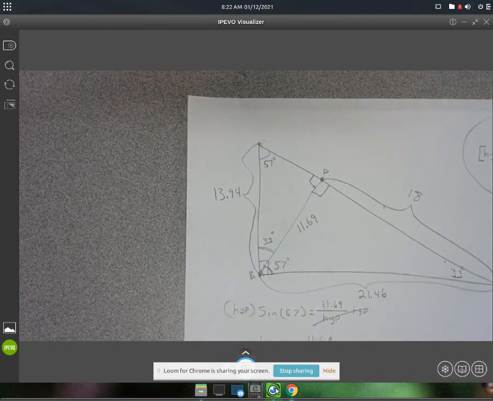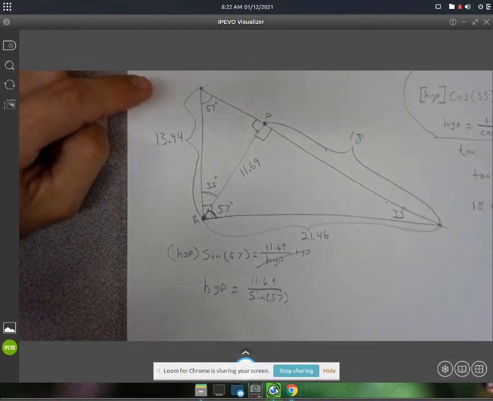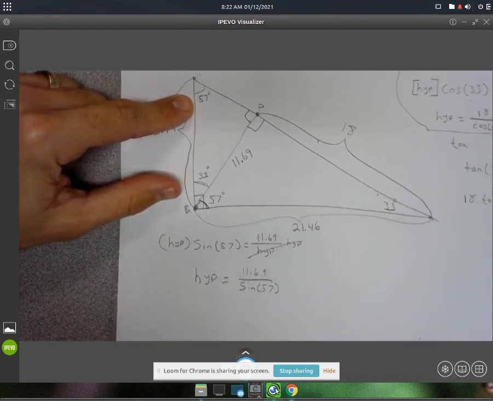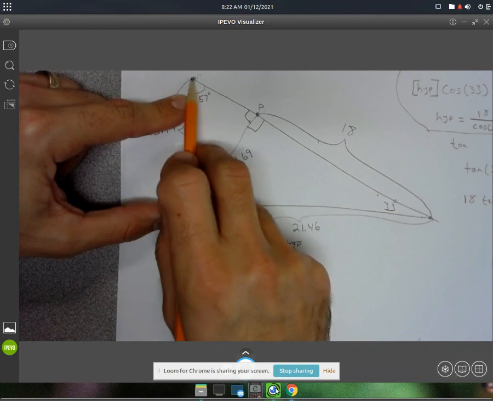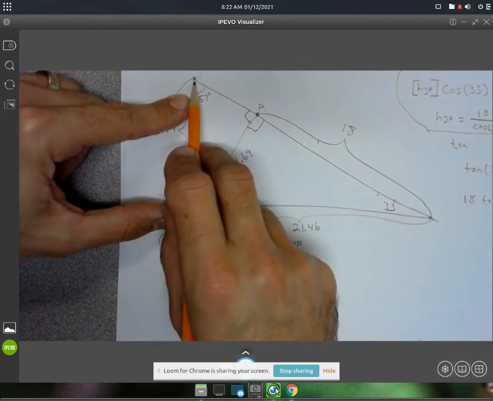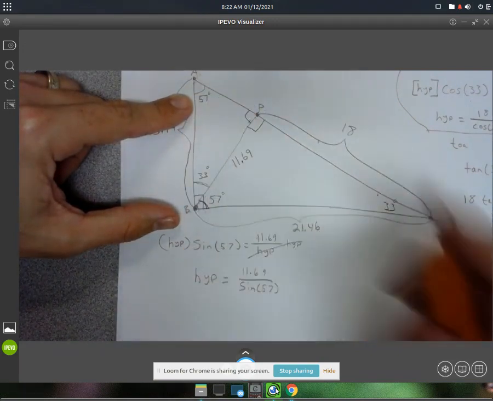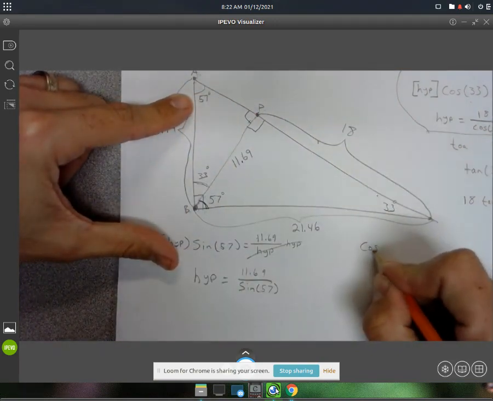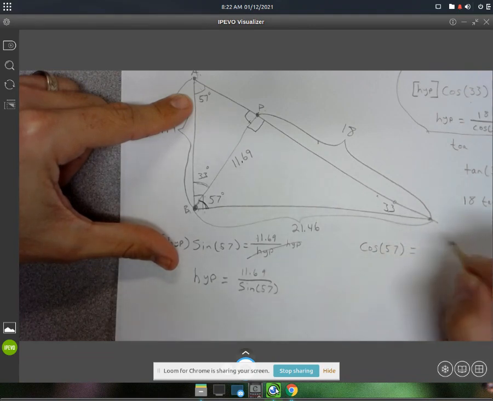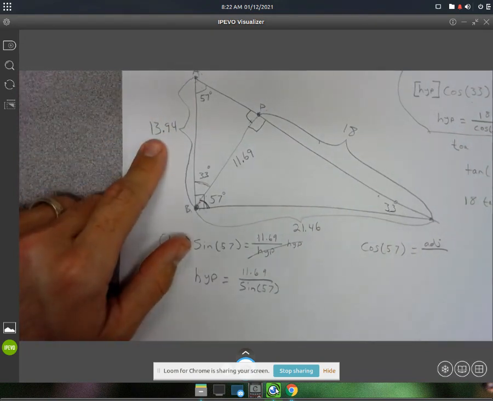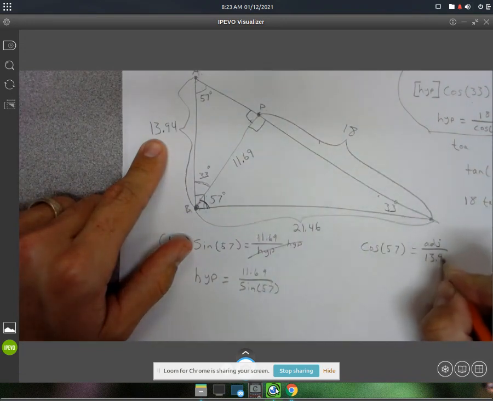The last piece is going to be this segment, or I could solve for the overall segment. It just depends on which piece you really want. Let's use 57 again. The adjacent side to 57 on this smaller triangle is this AD. So I'm going to use cosine of 57, which is adjacent over the hypotenuse, and the hypotenuse is this longer side of the small triangle.